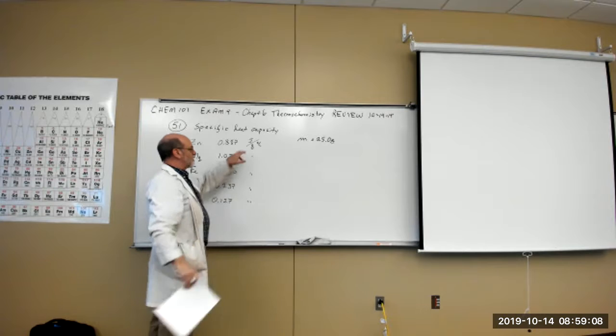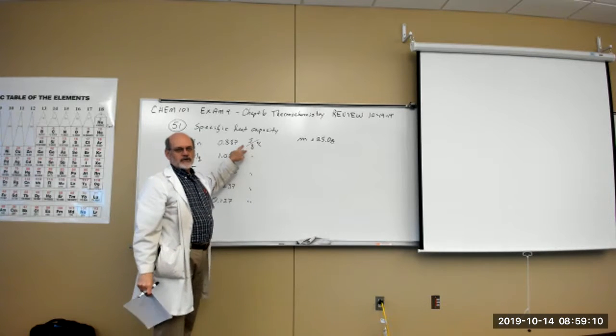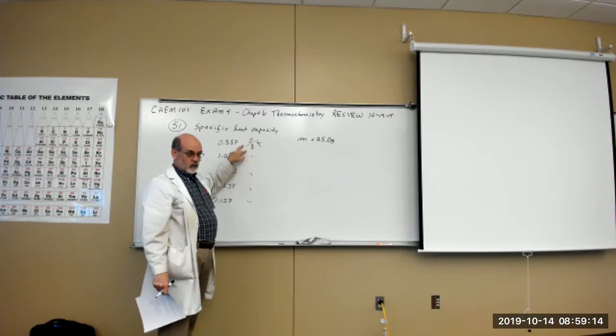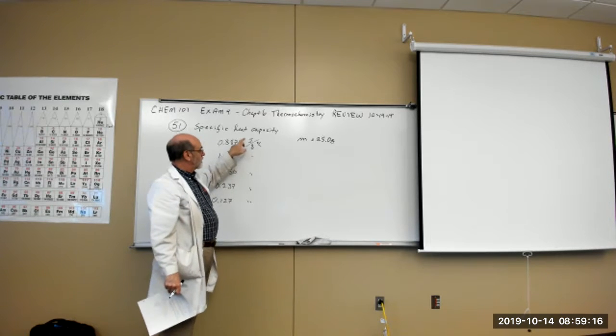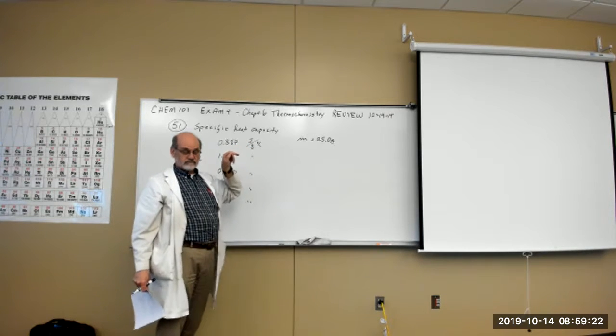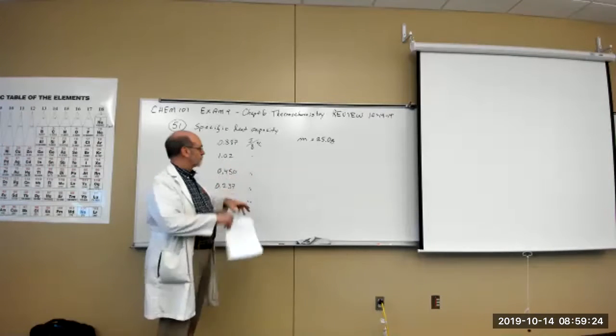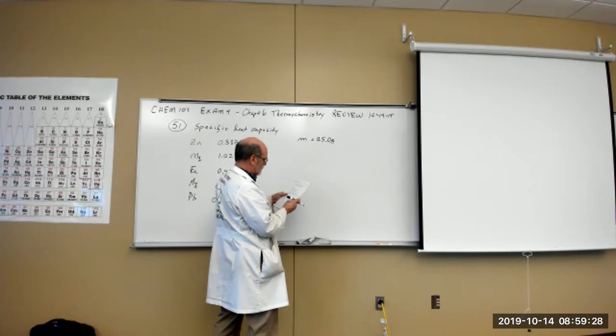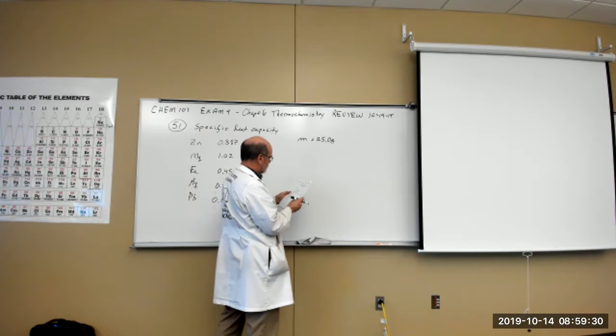So remember what I said about quotients. Anytime you have a quotient of units, you have a direct proportion. In other words, this is a constant value. If that one goes up, that one goes up. Okay? So, does it tell us?